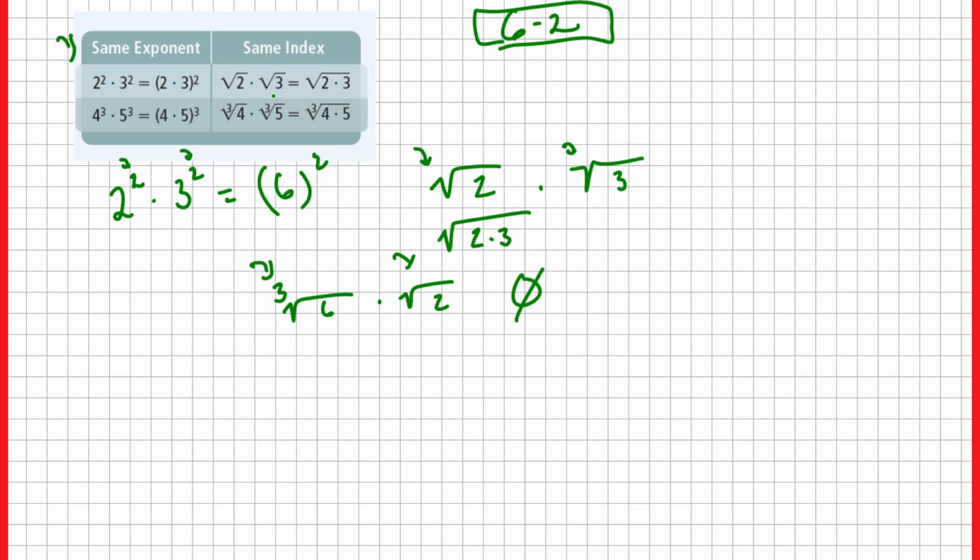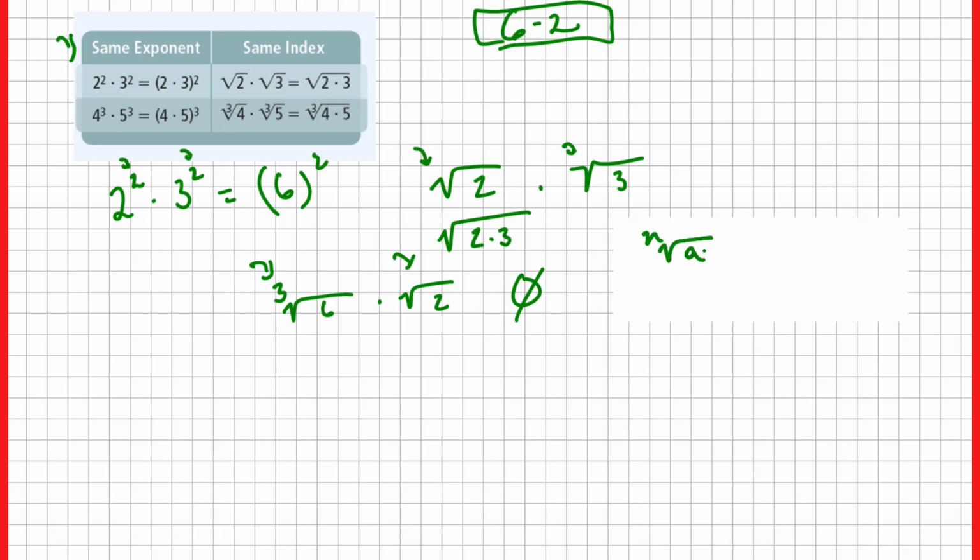So here's the property: if the nth root of a and the nth root of b are real numbers, then the nth root of a times the nth root of b gets us the nth root of ab. But the index has got to be the same in order for us to do that. So the property does not apply here, and we can't do that.